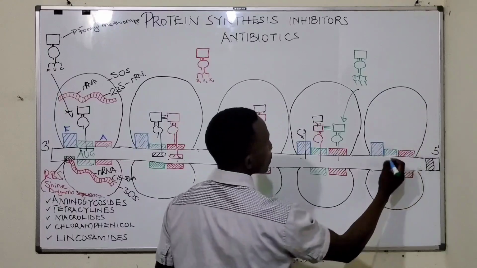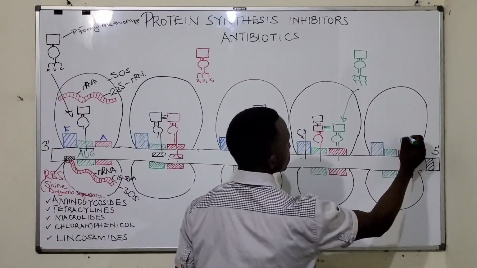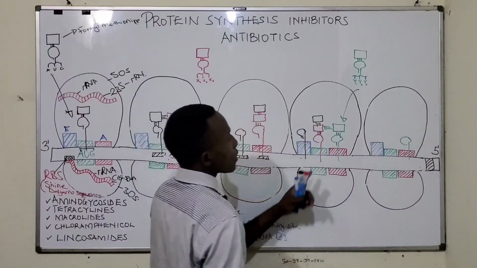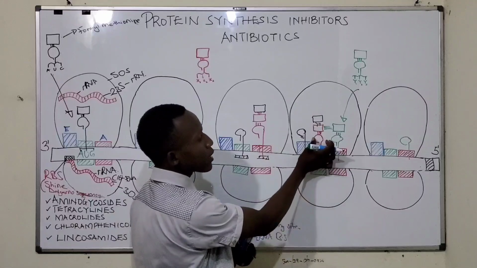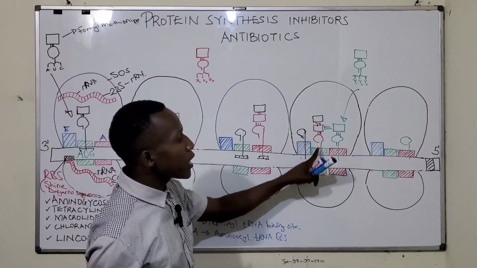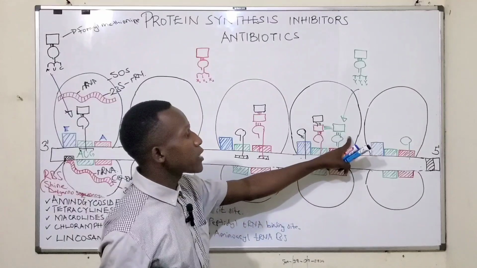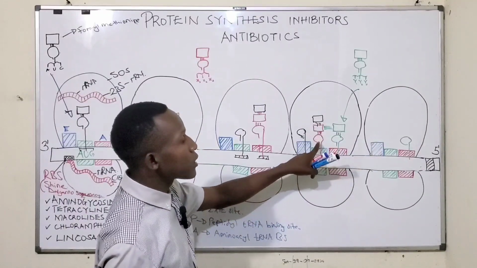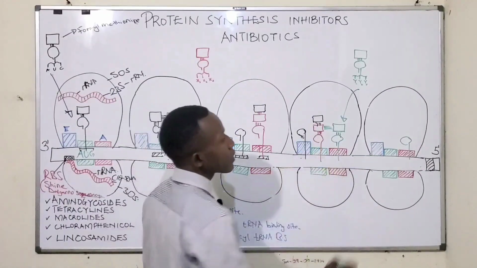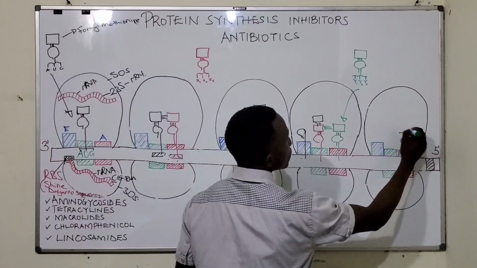At the end, the chain will be carried from the transfer RNA at the P site to the transfer RNA at the A site. We shall leave the transfer RNA at the P site empty, meaning that we shall form this.